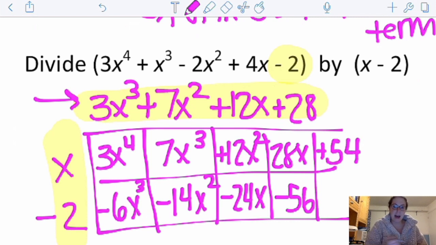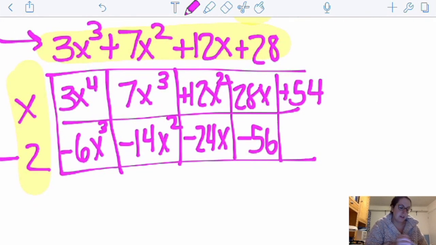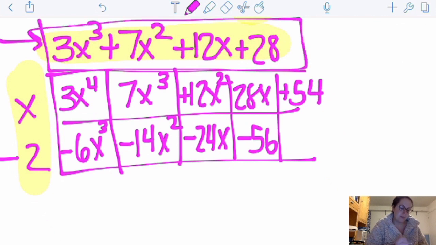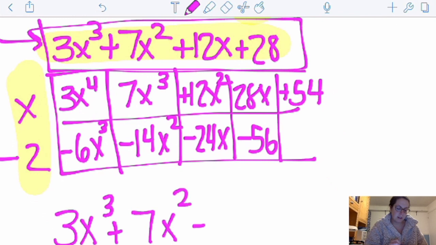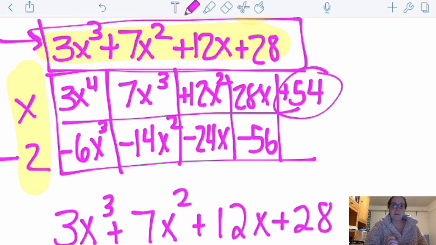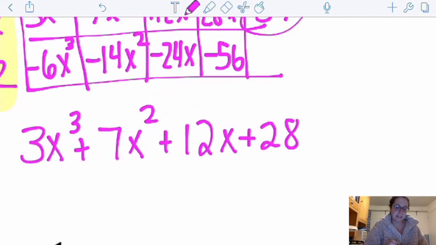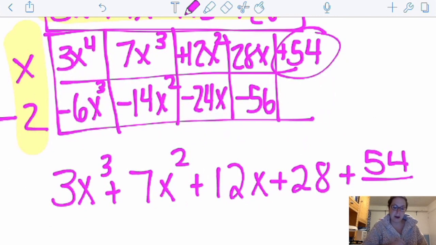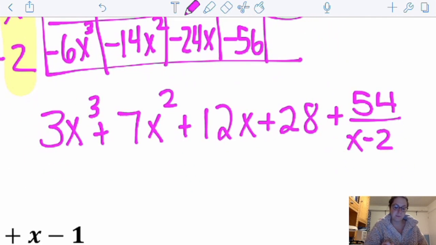Now, I can't have x times something that's not a fraction to give me 64, or 54, I'm sorry. So this is my quotient, 3x cubed plus 7x squared plus 12x plus 28. And then I have a remainder of 54. So that's going to be plus 54 over what we divided by, which was x minus 2.